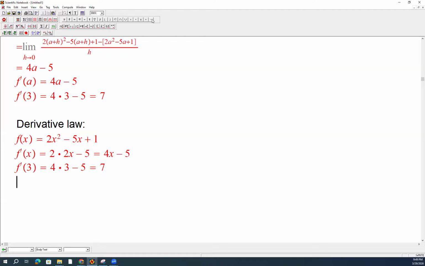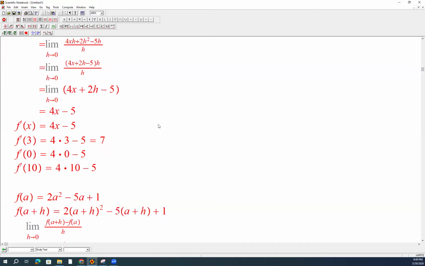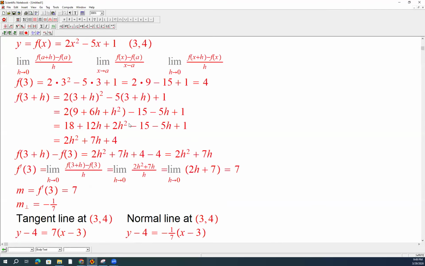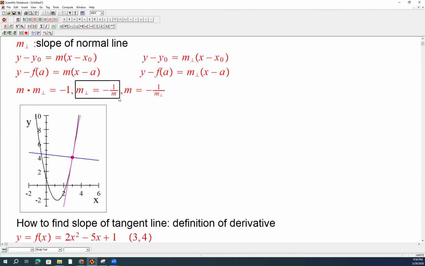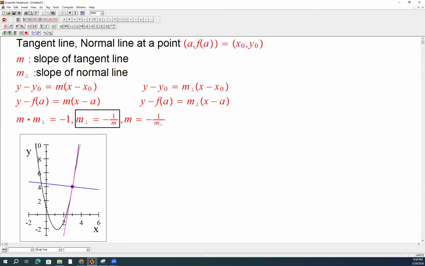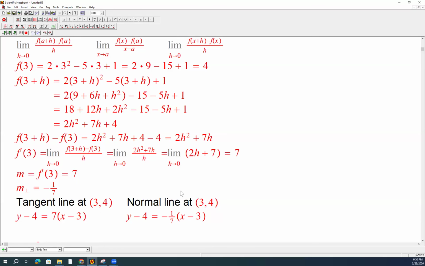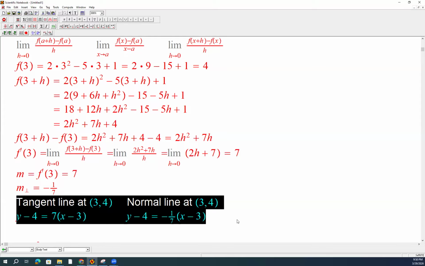So these are, I would say, 3 or 4 ways to find the slope of the tangent line. Once you find the slope of the tangent line, we would know what to do, whether you want the equation of the tangent line, or you want the equation of the normal line, you can find them all the same.